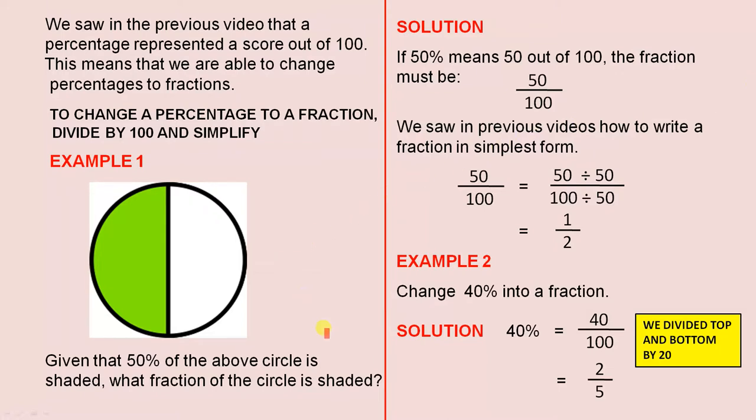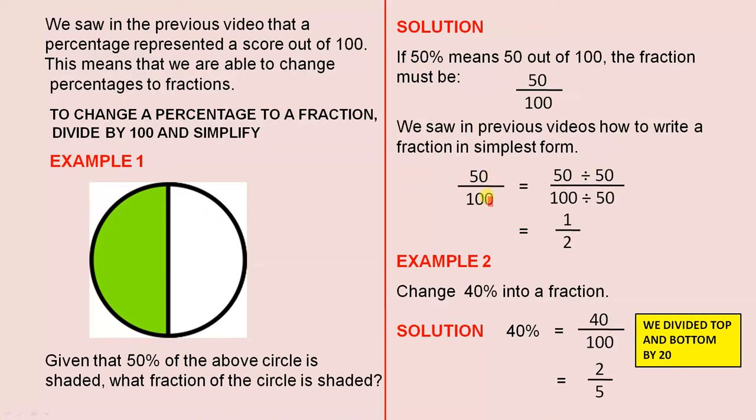Example 1. Given that 50% of the above circle is shaded, what fraction of the circle is shaded? Solution. If 50% means 50 out of 100, the fraction must be 50 over 100. We saw in previous videos how to write a fraction in simplest form.